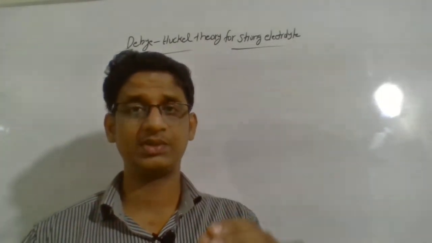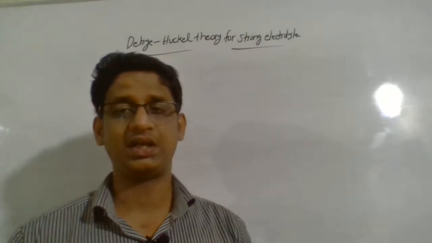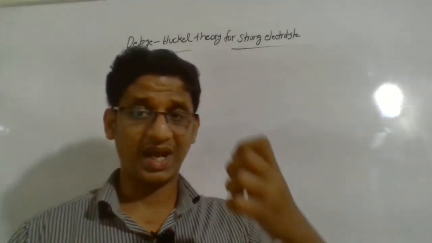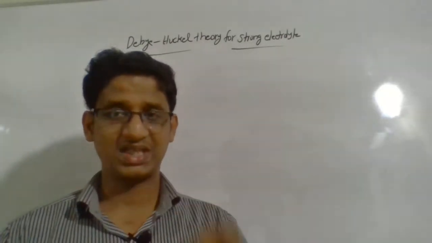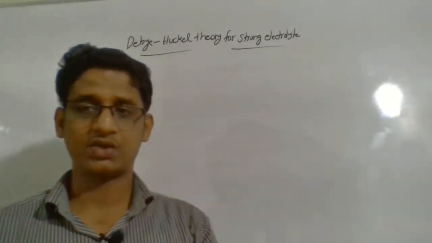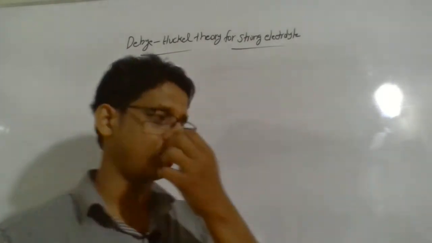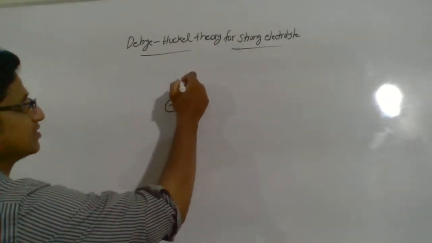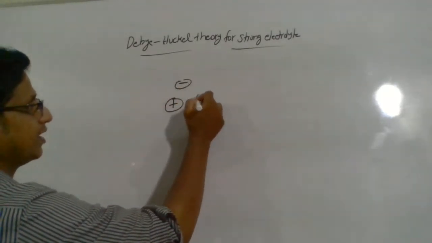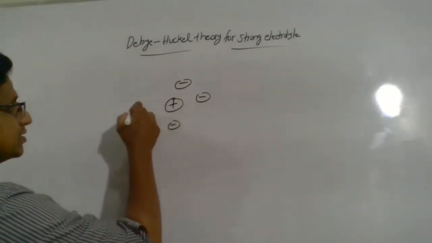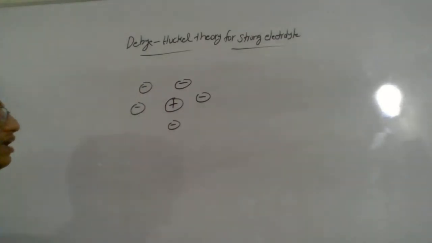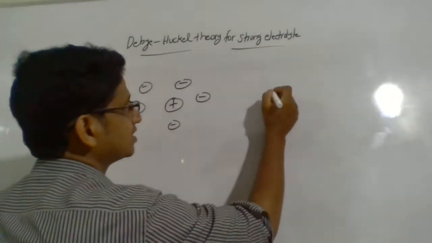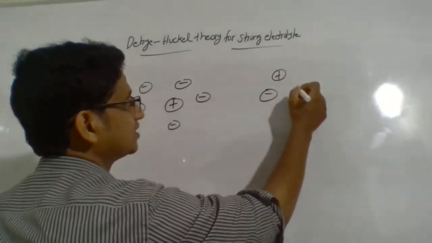This is the most valuable point that brings in the Debye-Huckel theory, which talks about an ionic atmosphere that exists in an aqueous solution of strong electrolytes, which means a positively charged ion is always symmetrically surrounded by negatively charged ions. Similarly, negatively charged ions are surrounded by positively charged ions.